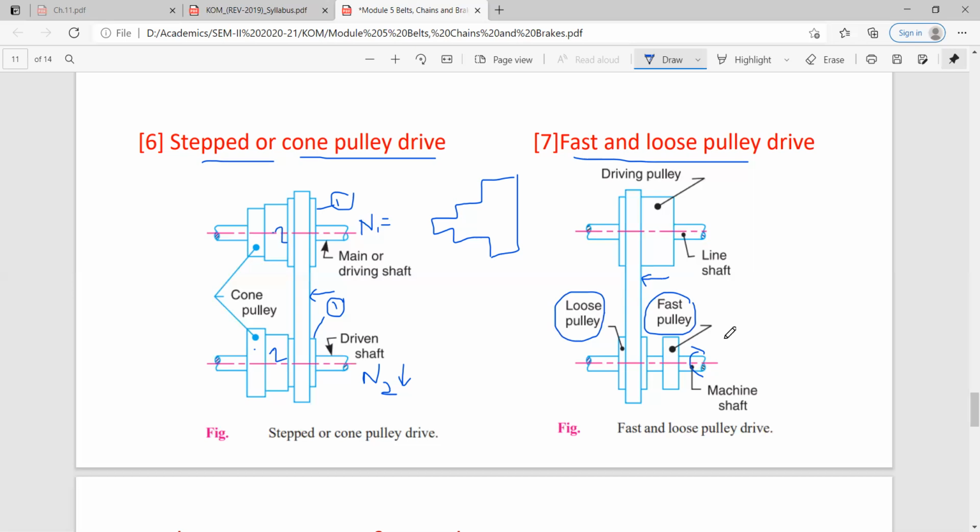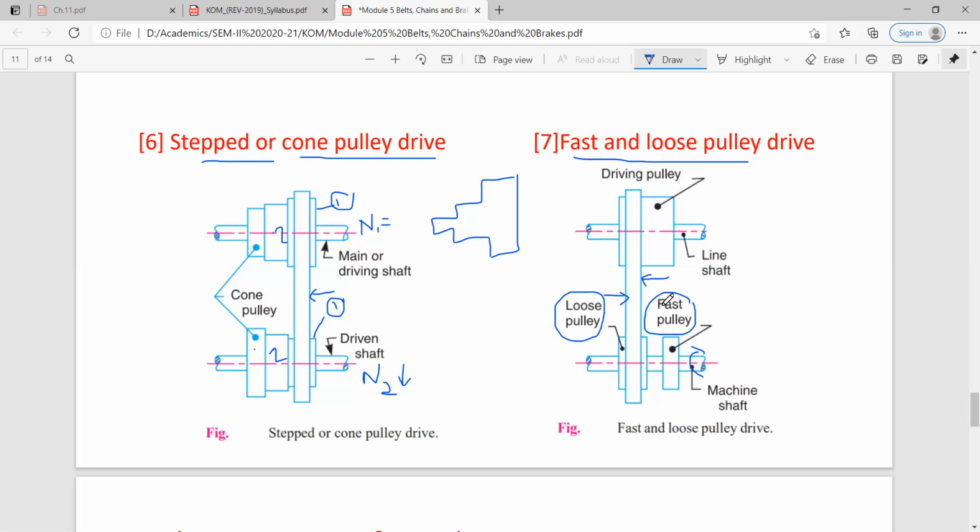Your machine will be at halt; it is not getting any power. Suppose you want to start the machine and transmit the power to it, you have to slide the belt back over the fast pulley, which is actually connected with the shaft. So when the belt is transmitting power to the fast pulley, the pulley will rotate as well as the machine shaft will also rotate.